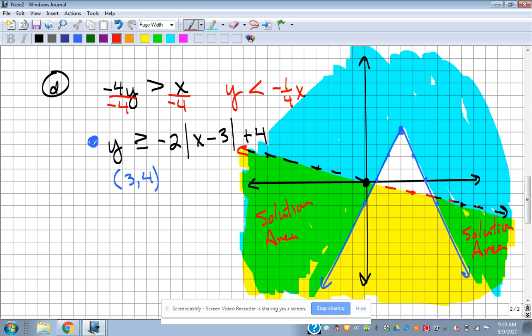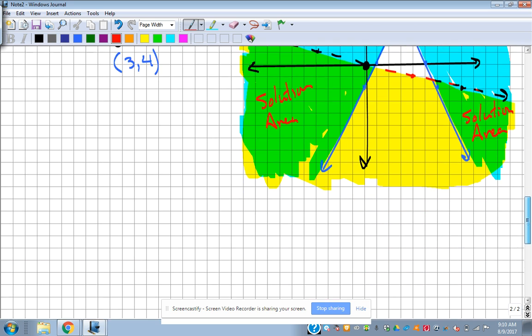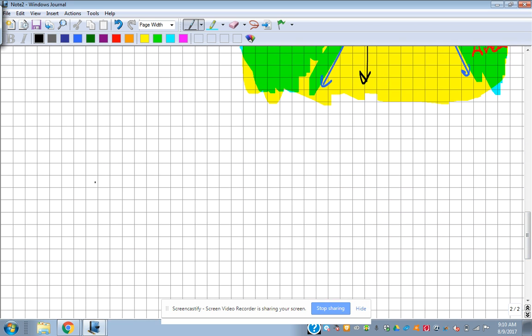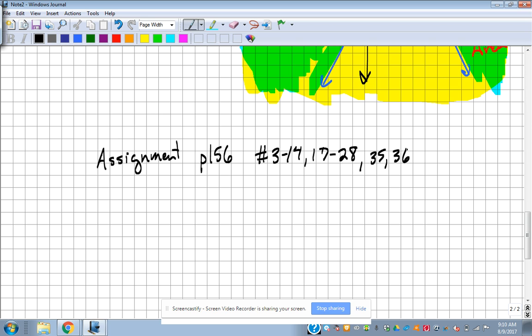Okay, so assignment that you can work on today if you want to go ahead and start on it. It's not something you have to do today. You'll have a work day tomorrow, but you can start on it today if you want to. Page 156, 3 through 14, 17 through 28, 35, and 36.